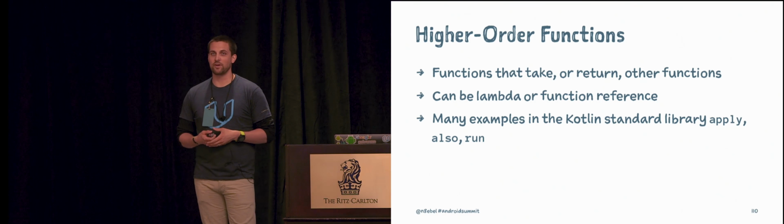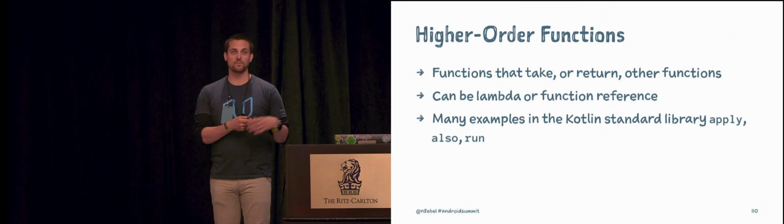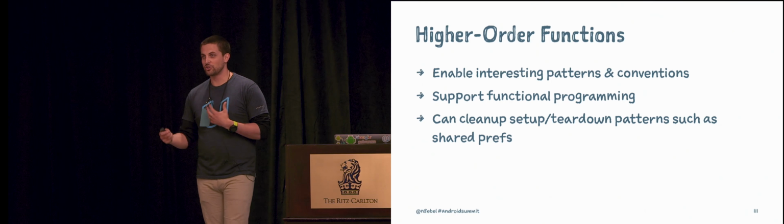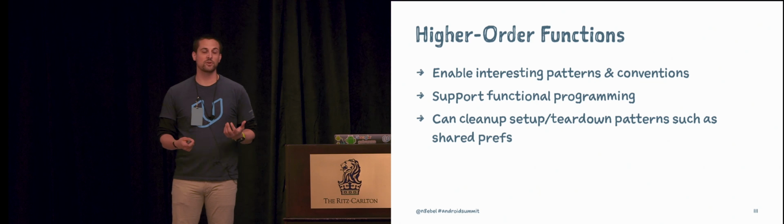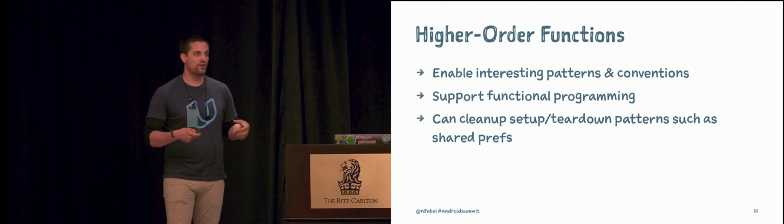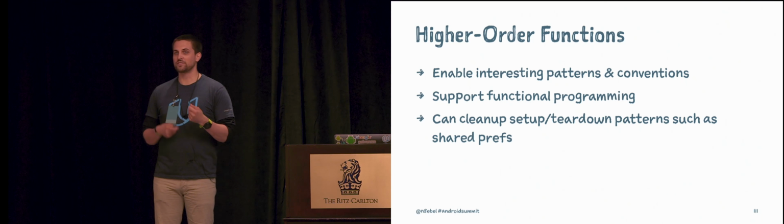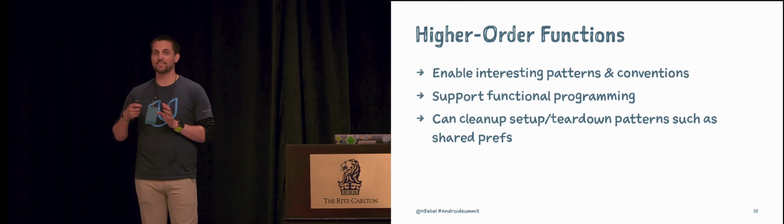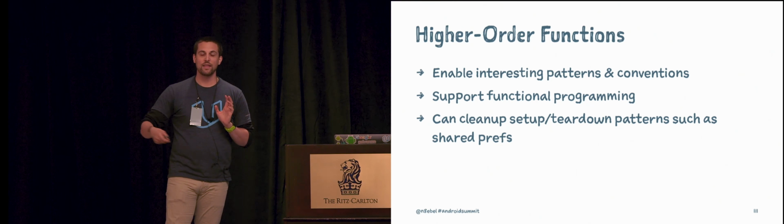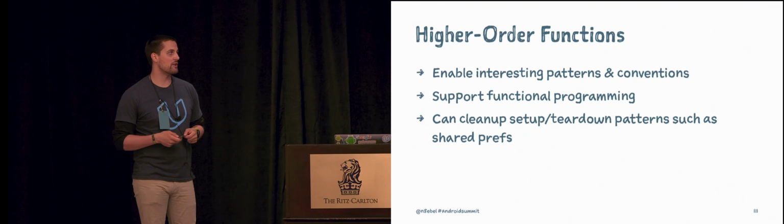So this is nice if you want to define a function that's maybe used in multiple places and also pass that into another function, you can pass that function reference directly. One of the nice things about this is it does support a more functional programming paradigm. So we see this in things like forEach, filter, map, where we start chaining functions together, passing in functions for a predicate to determine what the outputs are going to be.